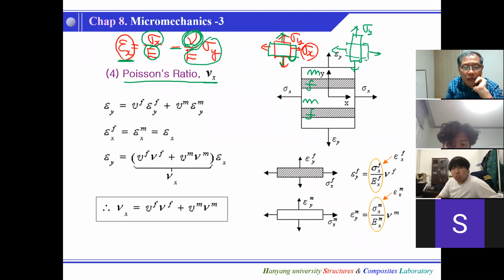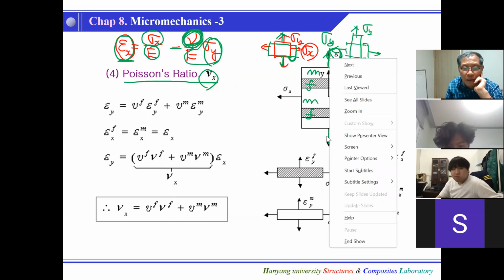Now, Poisson's ratio X means that we are applying the sigma X. By definition, Poisson's ratio in extraction is due to a sigma Y. So same in the composite, we have a sigma Y here, a certain Young's modulus, and the strain value here.